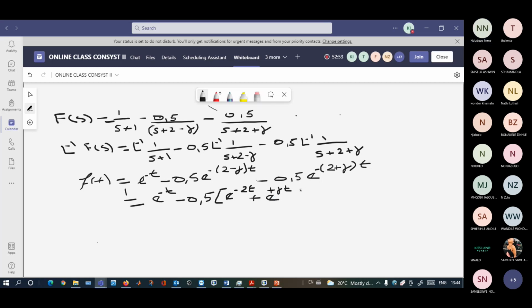Okay, then minus e exponent negative 2t minus J, and minus e exponent minus 2t plus JT. Okay, then we can do this.